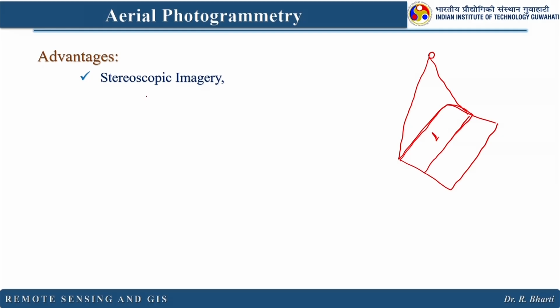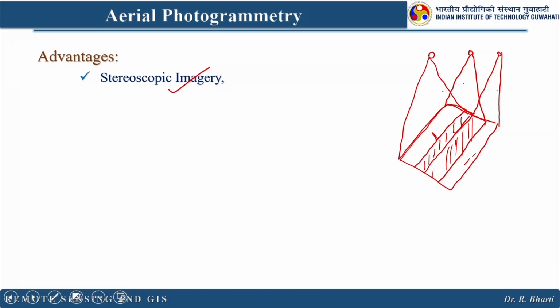Now the next scene should have overlap, right? For the overlap reason you will have extra information captured from a different position. Then you will have a third image, and here you will have the rest of the area. So you can see this area has been captured by the first, second and third image. If you have such overlapping images, then they are known as stereoscopic imagery, right?